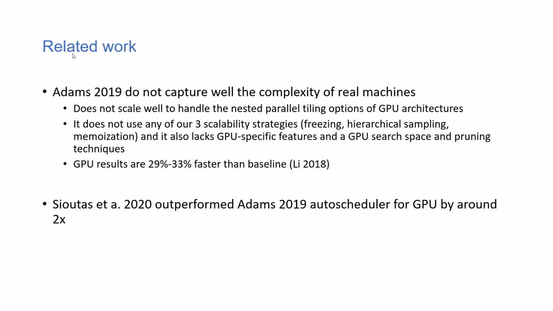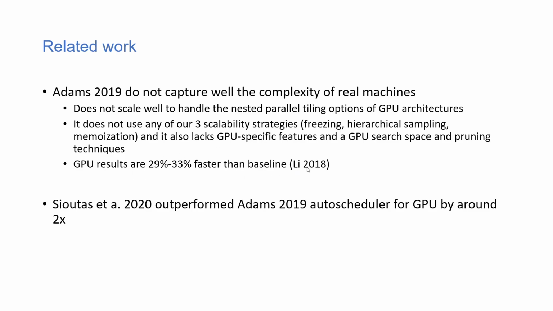Okay, I'm jumping ahead a little bit to the related work, because it's good to understand this to better interpret their results. The Adams autoscheduler of Halide that was extended in this work does not capture well the complexity of, I would say, the GPUs.